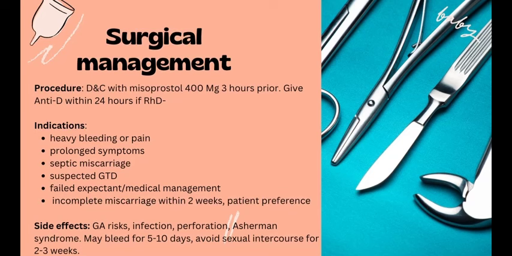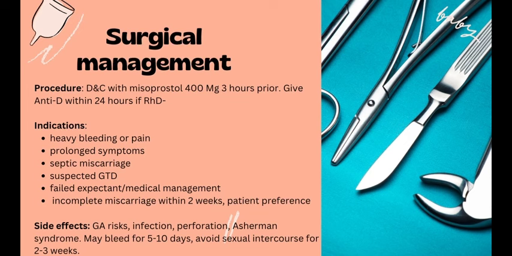Now, surgical management is the final option, and this involves a dilation and curettage with pre-treatment of misoprostol given 3 hours prior. And just like with the medical option, it's also important to give anti-D within 24 hours of this process if the patient's appropriate.